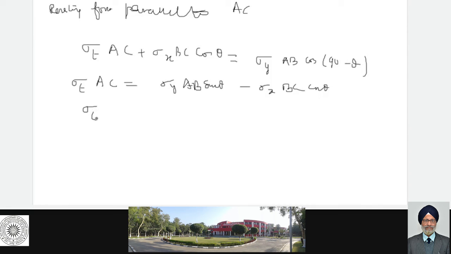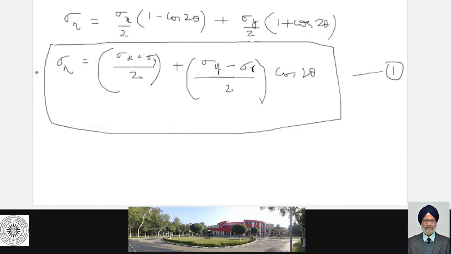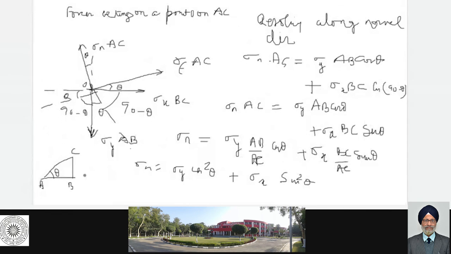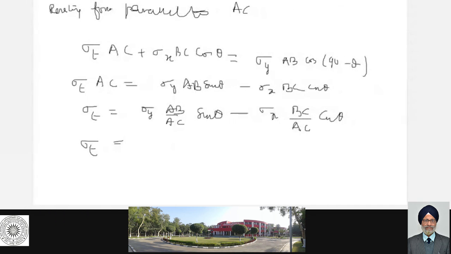Divide this with AC. So it will be sigma y AB upon AC into sin theta minus sigma x into BC upon AC cos theta. So sigma tau, AB upon AC is how much? AB upon AC is cos theta.